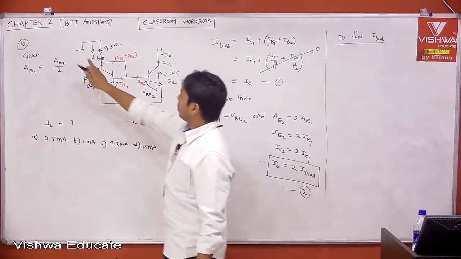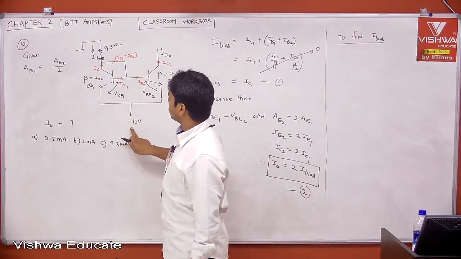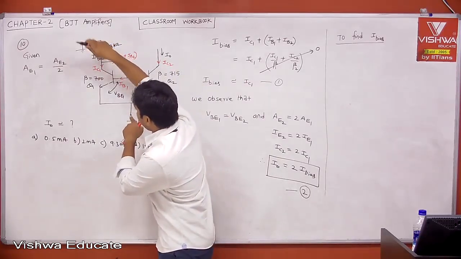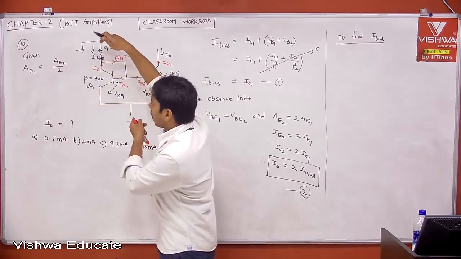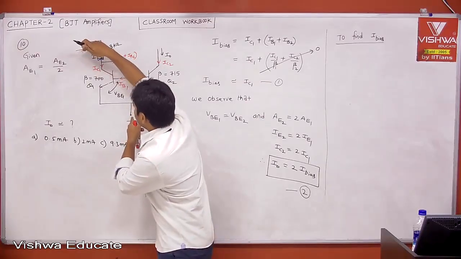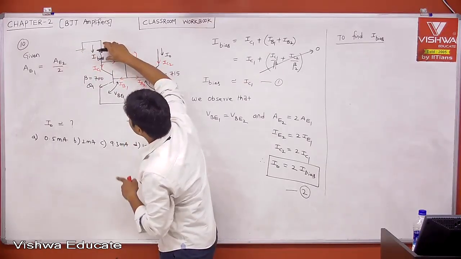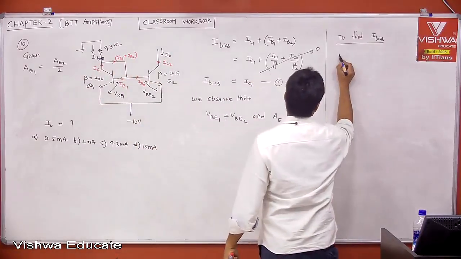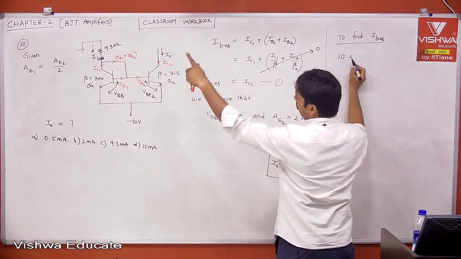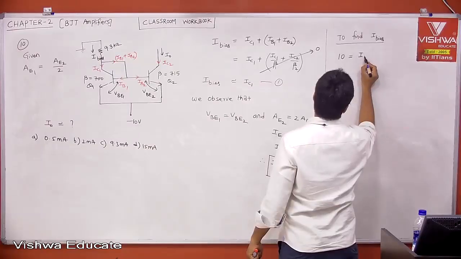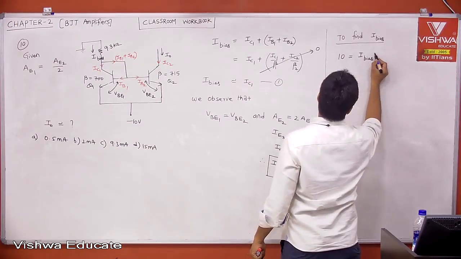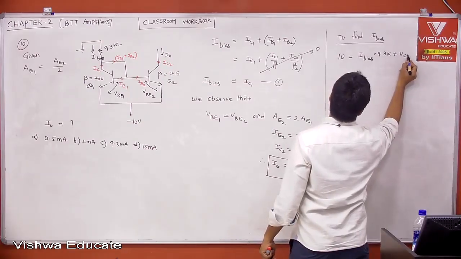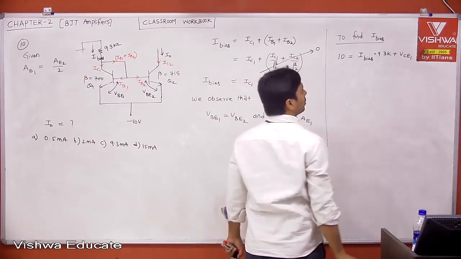The voltage at this point with respect to this point is 0 minus minus 10, which is 10 volts, equal to the drop across 9.3K plus VCE1. Therefore, 10 is equal to I bias times 9.3K plus VCE1.